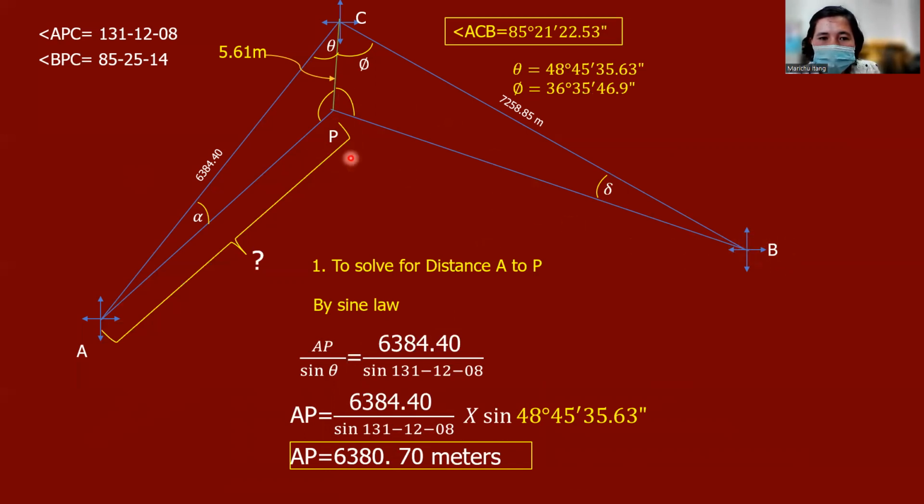Okay, next to that, we are going to compute now our distance PB. So for the PB, same lang din yung process since we already have the angle theta. So opposite to that is our line PB, when we can employ sine law. Then we have here the distance here. And then opposite to that is this angle. So we can compute na the value of our PB.